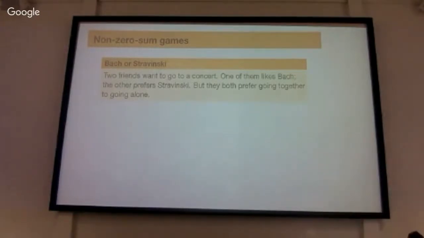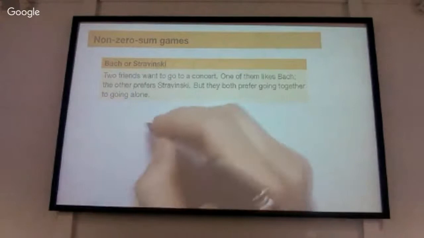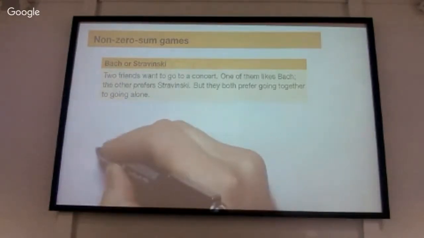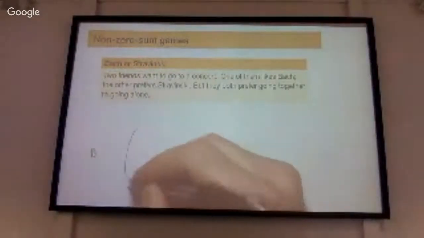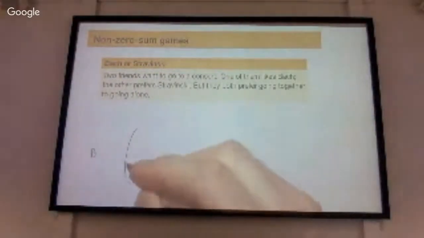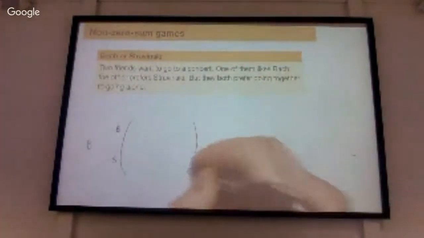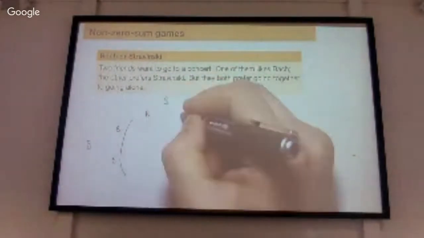So you can't put it as a zero-sum game. And the possible payoff matrix will be, so the Bach player has two strategies, to go to see Bach or to go to see Stravinsky. And the Stravinsky player also has these two strategies.